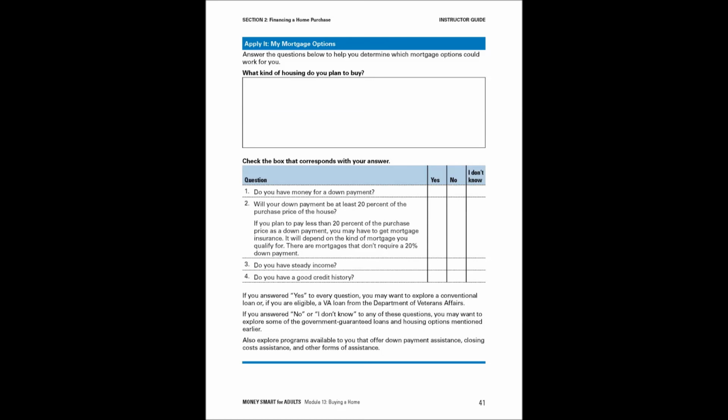It says, what kind of housing do you plan to buy? Check the box that corresponds with your answer. So they're going to be answering those 4 questions, marking yes, no, or I don't know. And you may have opportunity in your training to allow them to discuss this in a group session. Or if there's not enough time to do this, then you would have them do this on their own. That's totally up to you based on what your timing is in the training.